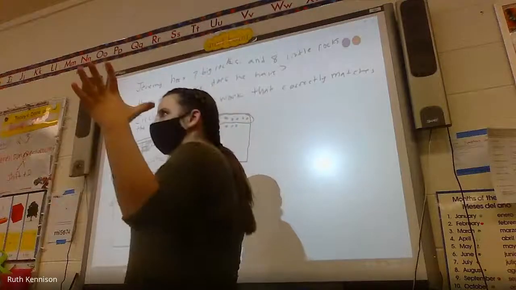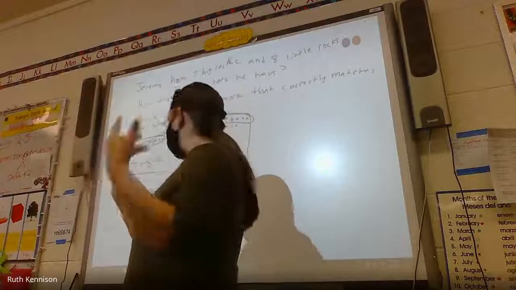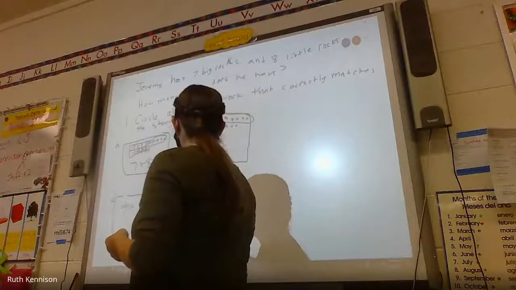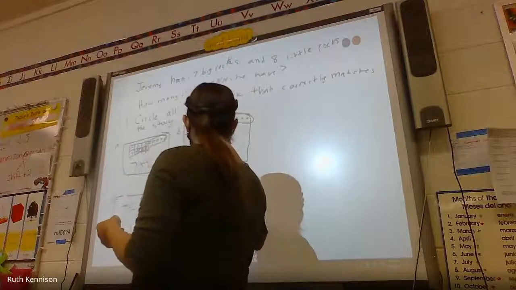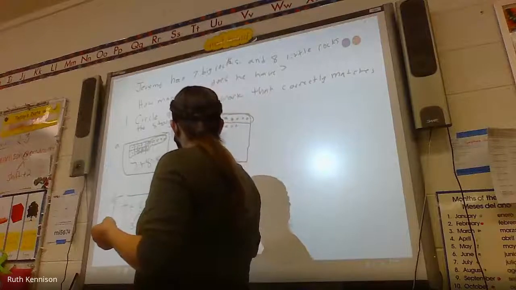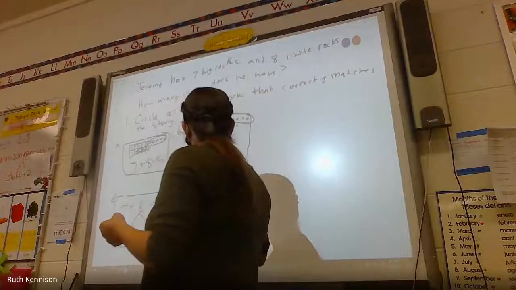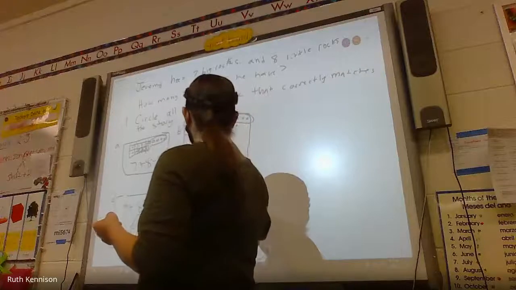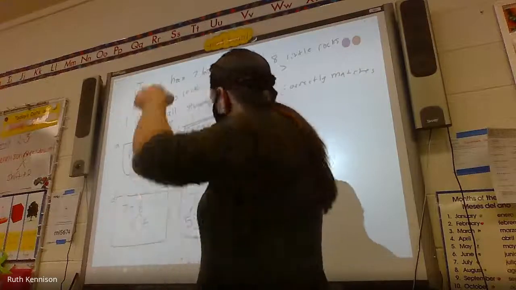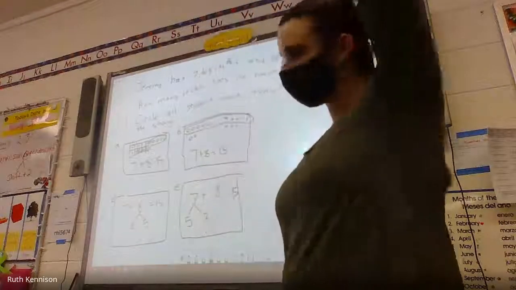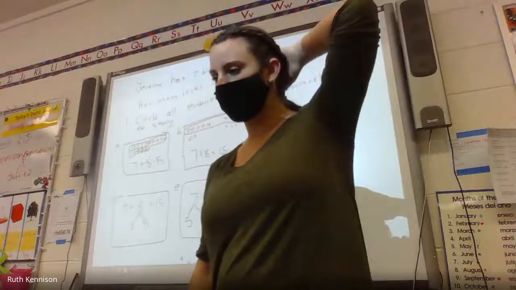And then I know that 5 plus 2 equals 7. But 8 plus 2 is 10. 10 plus 5 equals 15. Is that correct? Yes. Okay, so we know those ones are correct so far.